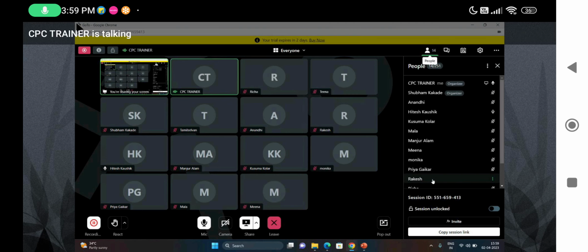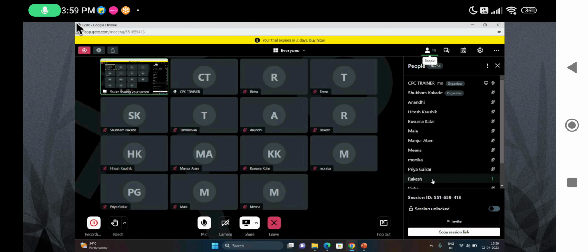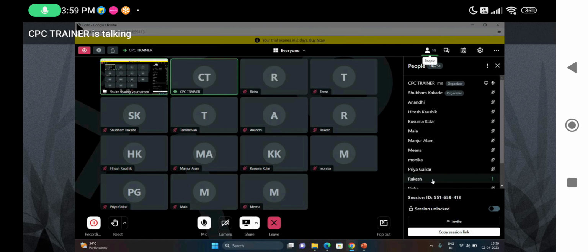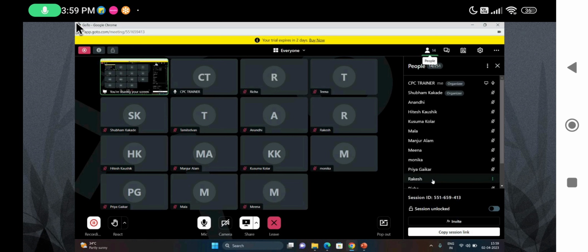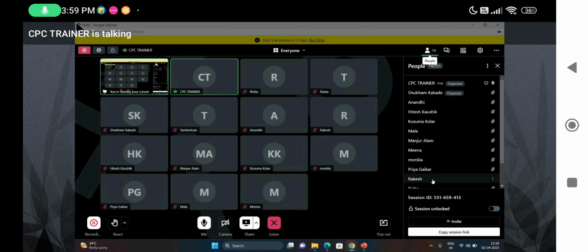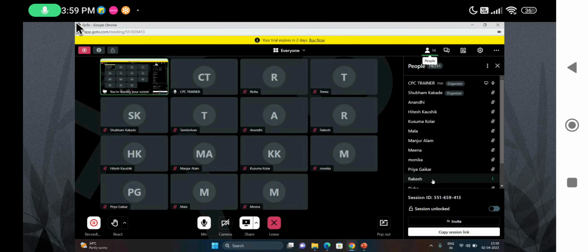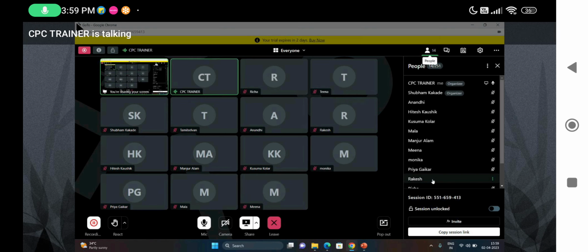And the next one is moderate MDM. And then the last one is high MDM.